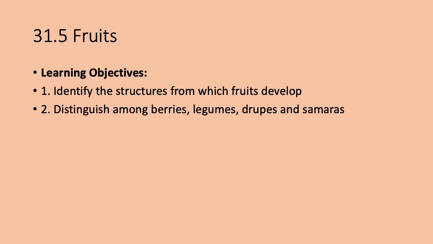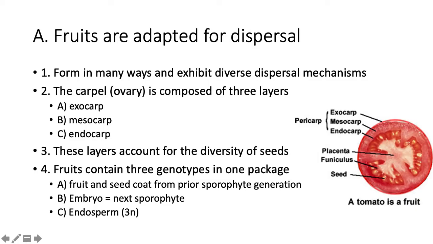All right, fruits. Identify the structures from which fruits develop and then distinguish among berries, legumes, drupes, and samaras. One unique thing about angiosperms is fruits. They have fruits and flowers. Fruits aid in dispersal because animals like to eat fruits.